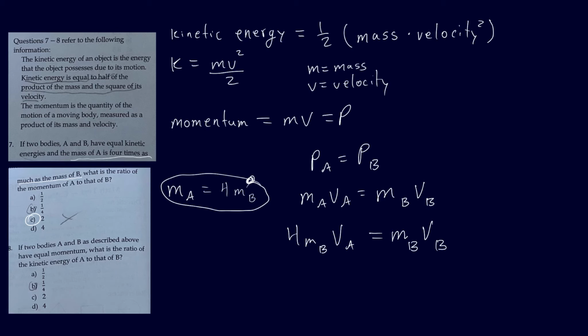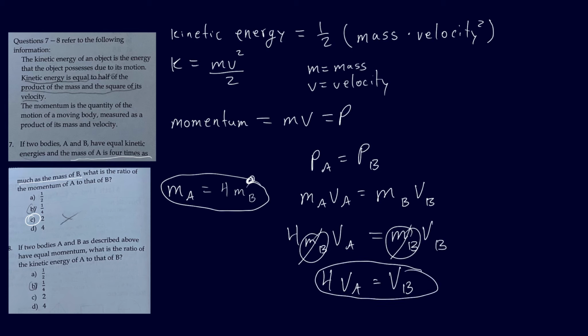And in order to make this equation simpler, I'm going to divide both sides by the mass of object B. So this is getting cancelled and this is getting cancelled. And so now I have 4 times the velocity of object A equals the velocity of object B. Okay, so this seems like a pretty useful fact.